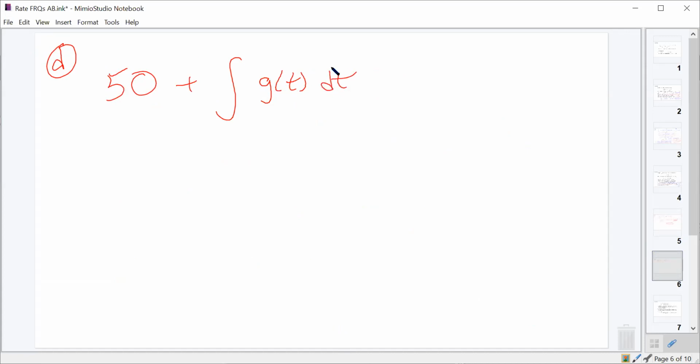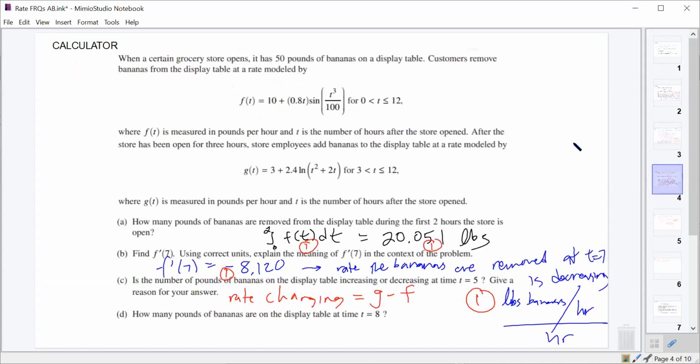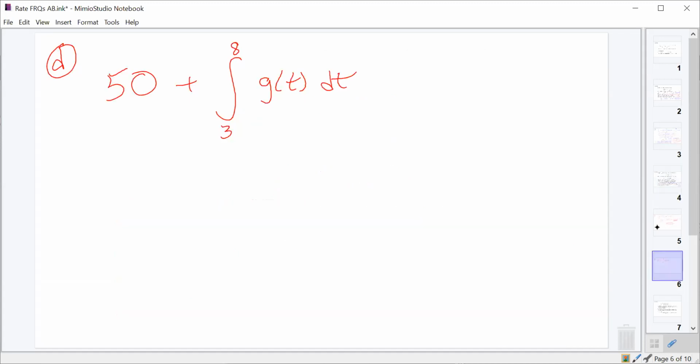And it said after 8 hours, right? So we're going to 8, but we're starting at 3. Make sure you don't start at 0, because that function is only defined for 3 to 12. They only started putting the bananas on at t equals 3. And then we'll subtract from that the integral from 0 to 8 of f of t dt.